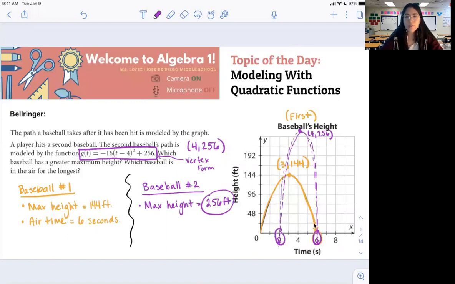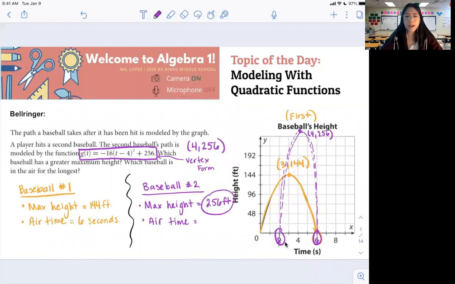So if those are the two x-intercepts of the graph, how long was the ball in the air? 6 seconds. But when did it leave the ground? It left the ground at 2 seconds and it returned to the ground at 6 seconds. So it didn't start at 0, it started at 2.